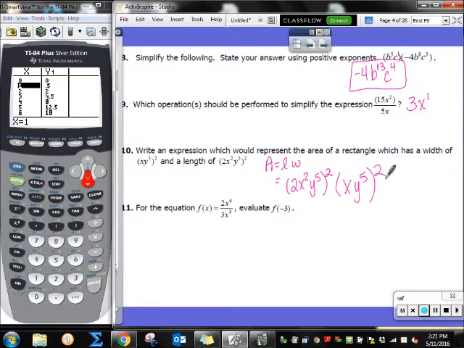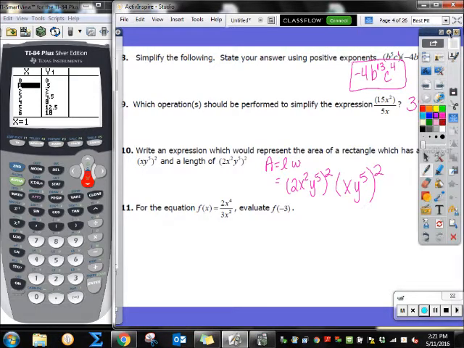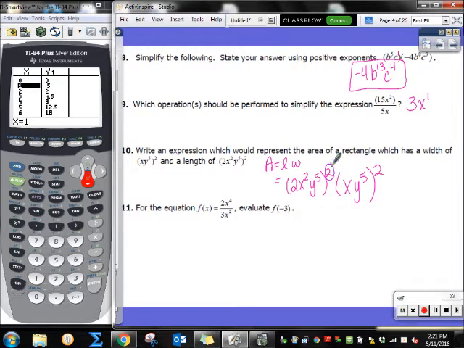So first thing we have to do is apply the power that's on the outside. So I have to say 2 squared is 4, but whenever I take a power to an exponent, you multiply those exponents together.